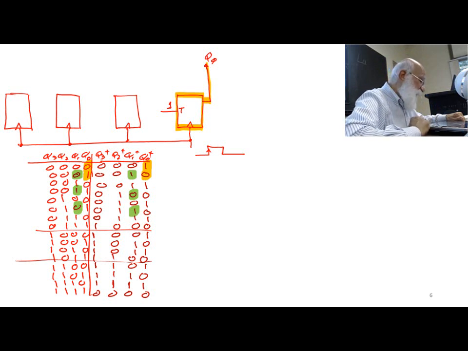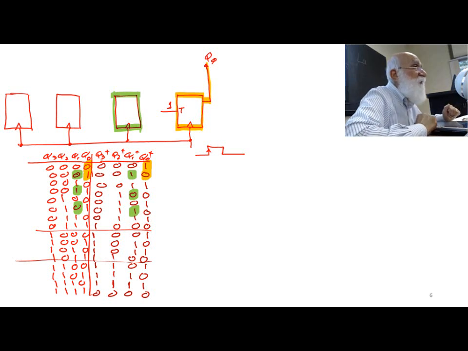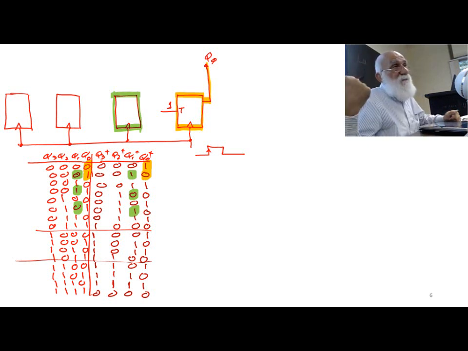If you look at it carefully, you find that the second flip-flop, what can you tell me about this? The second flip-flop, what happens to it? It only toggles when the flip-flop to its right is 1.